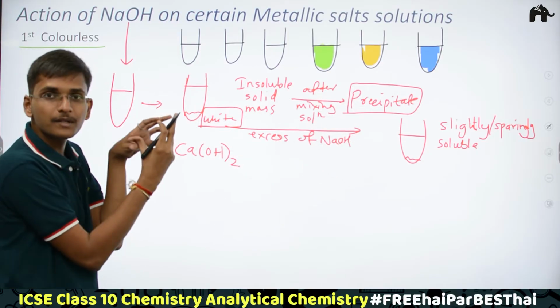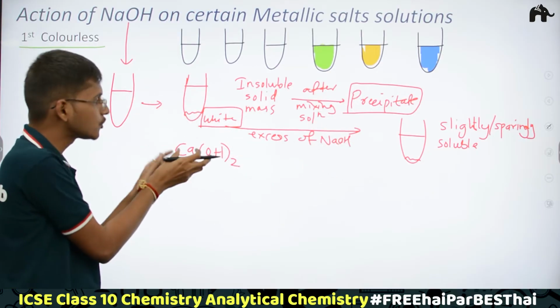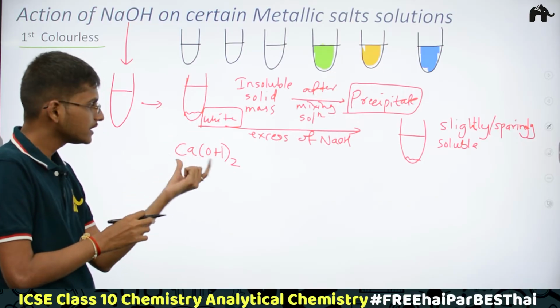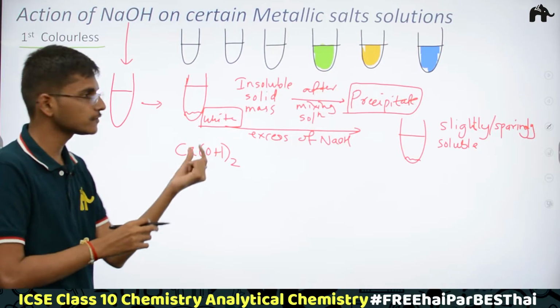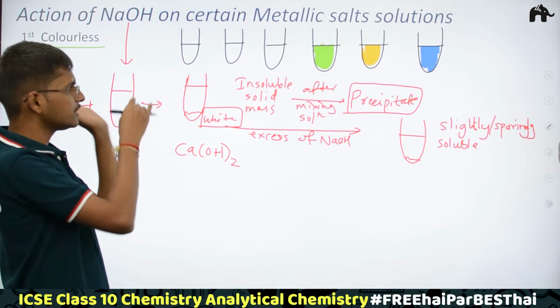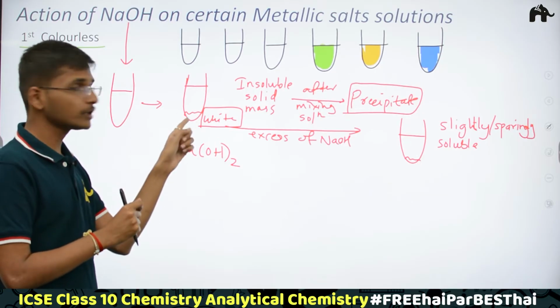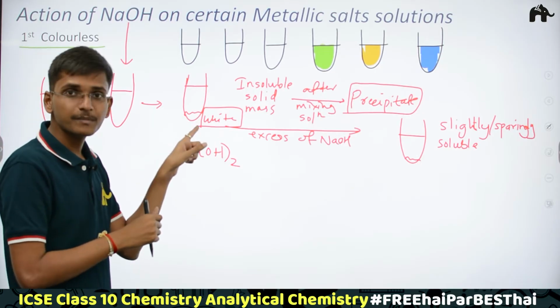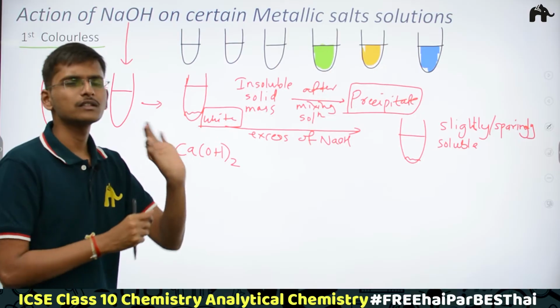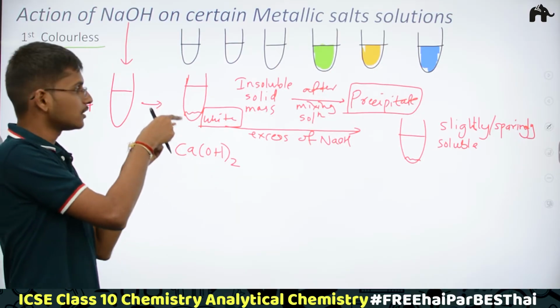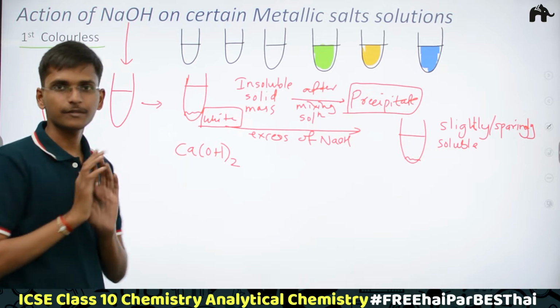This you have to remember, and also which precipitate it is. Now in this case, the precipitate is calcium hydroxide, formed by addition of NaOH drop by drop in the colorless metallic salt solution, and it is slightly soluble in excess of NaOH, okay. So such a white precipitate is calcium hydroxide. Very clear.